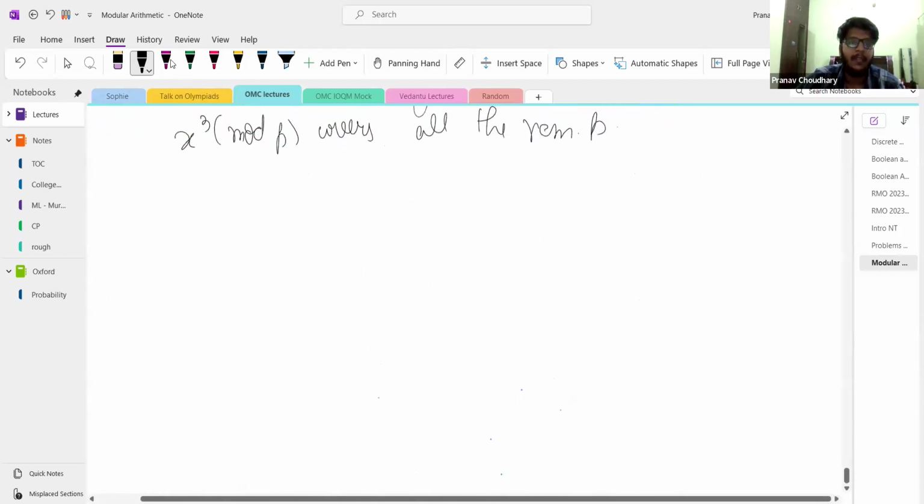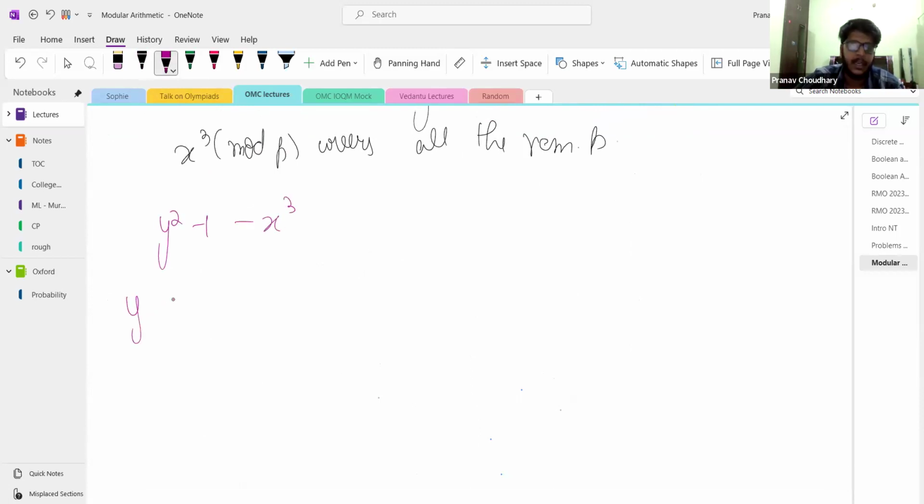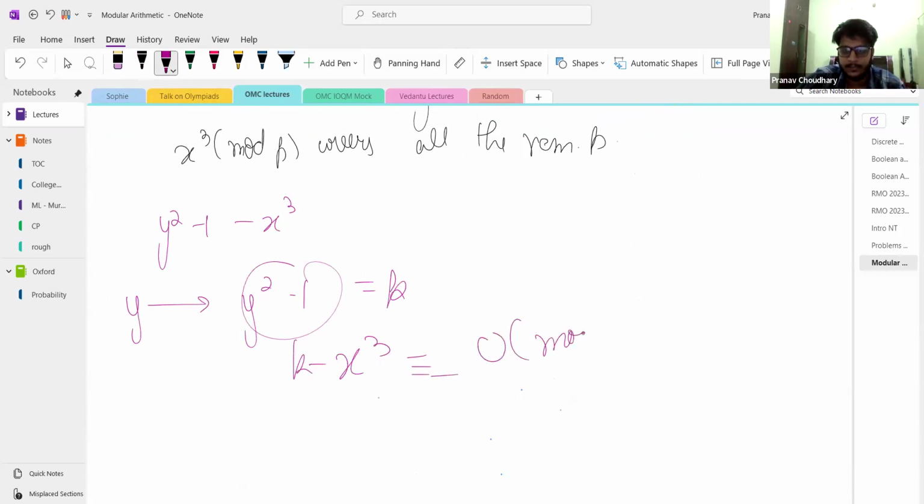Now I have to find y square minus 1 minus x cube. Suppose I take y equal to something. I get y square minus 1 as some number k. I need k minus x cube to be 0 mod p, which means I need an x such that x cube is congruent to k mod p.